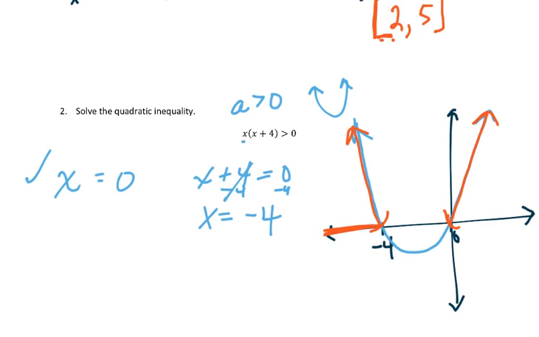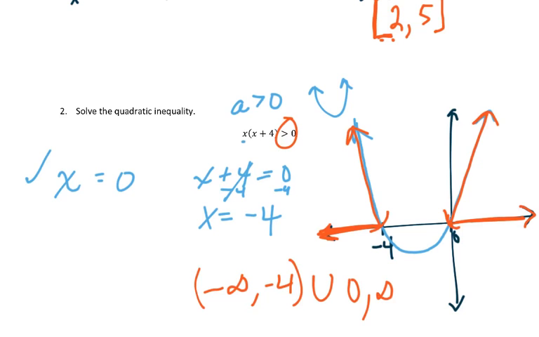So therefore, my values are going to be from -infinity to -4, not inclusive because of the greater than sign, union with 0 to +infinity. It's kind of like looking at the range that satisfies this parameter.